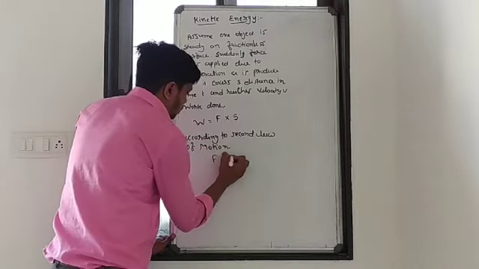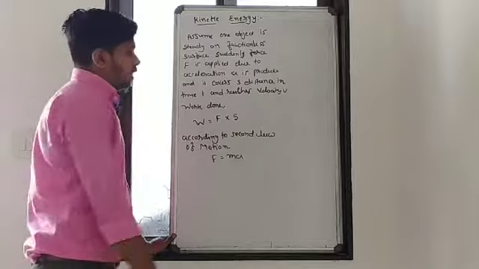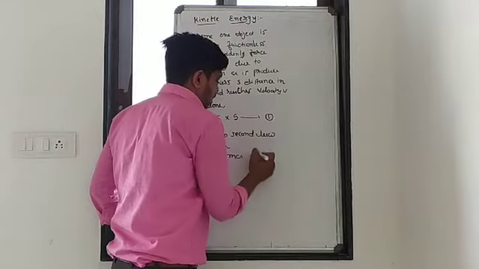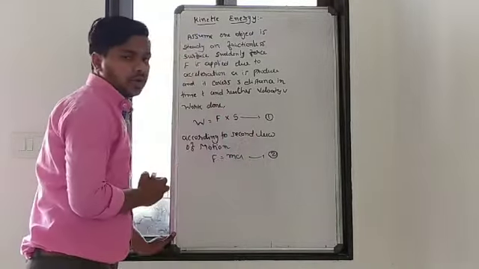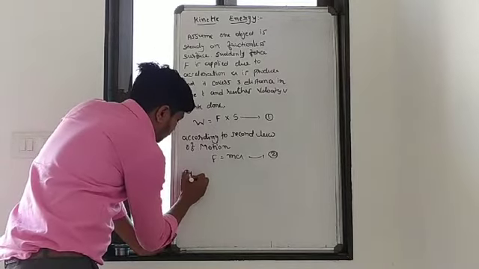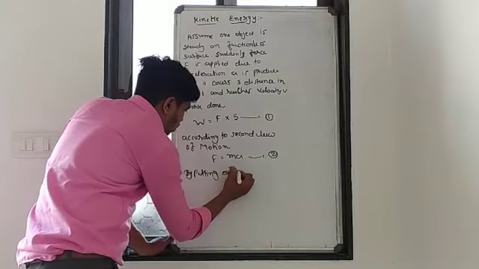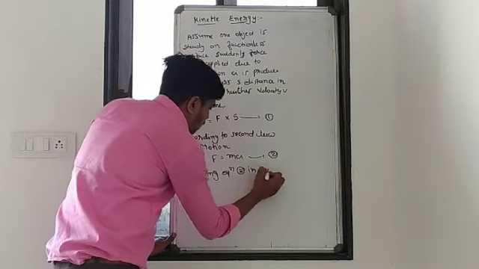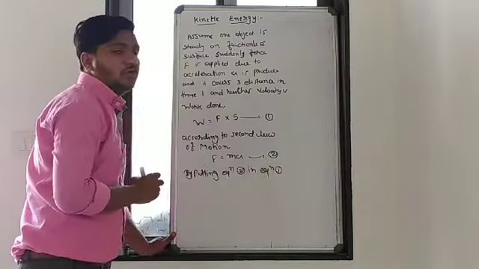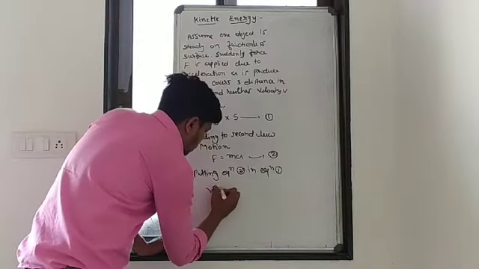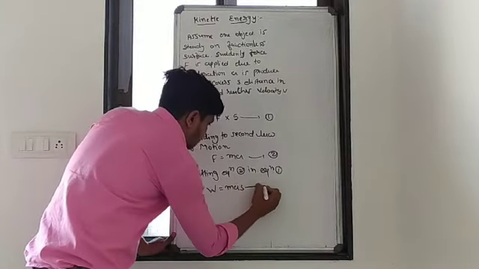That F is equal to ma. If we call this equation number 1 and equation number 2, then by putting equation 2 in equation 1, what do you get? You get W is equal to mas.